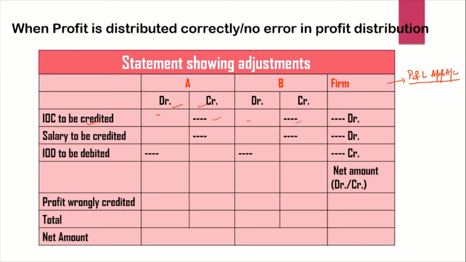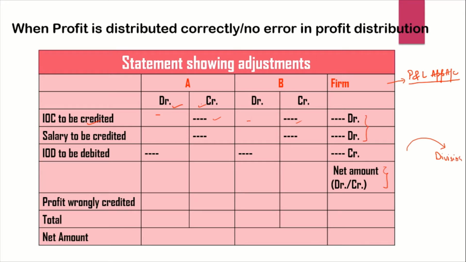What we are going to do is find out the net effect of the amount. This is exactly the mistake which occurred in the profits. If you remember, I told you, this is going to affect our divisible profit. So how am I going to calculate it? I'm going to see this debit.